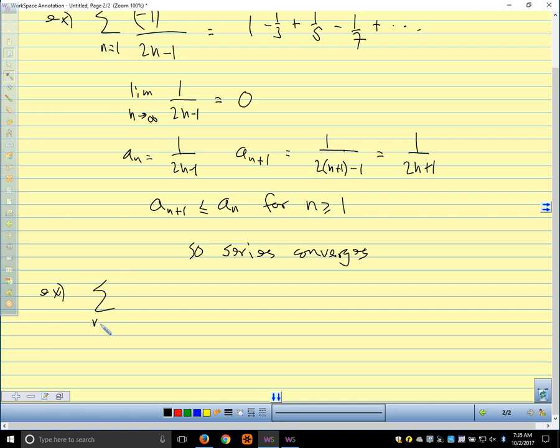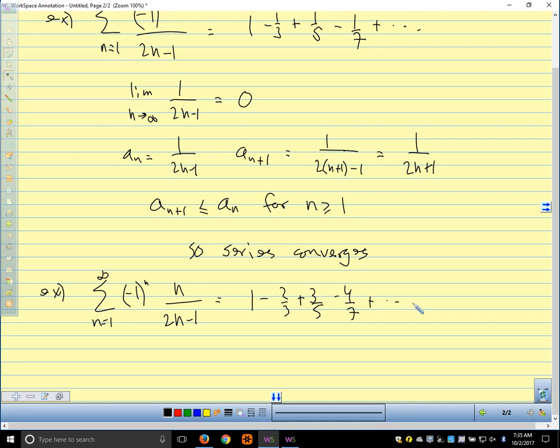Slightly different: the sum n equals 1 to infinity of (-1)^n over 2n minus 1. So this is 1 minus 2/3 plus 3/5 minus 4/7 plus dot dot dot.